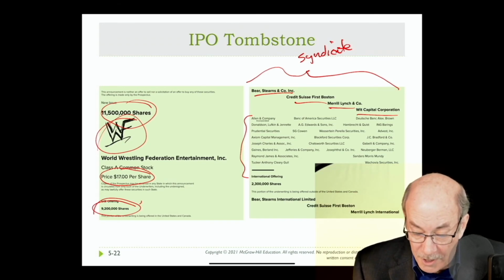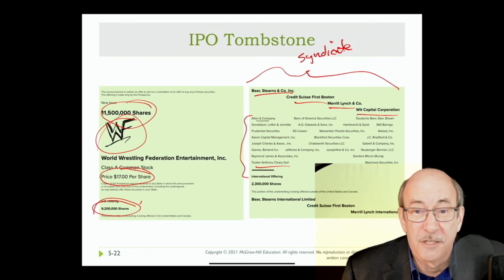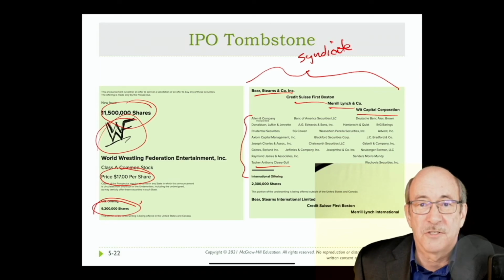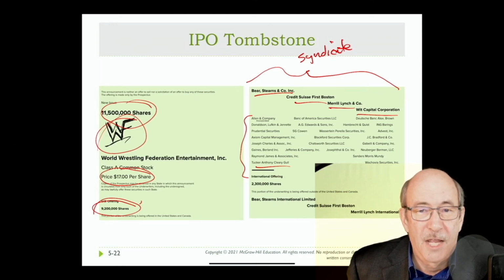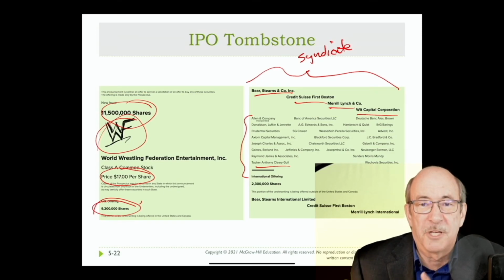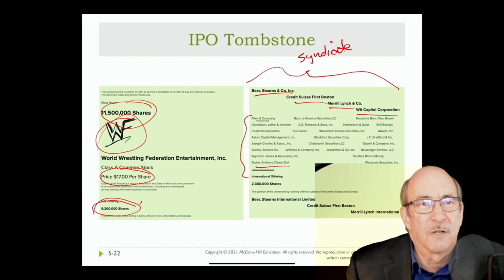So, down here, Tucker Anthony, Cleary Gull, they've probably committed to taking 75 or 100,000 shares and selling it to their customer base. And they'll get some fee for that activity. They're basically a distributor, if you will.